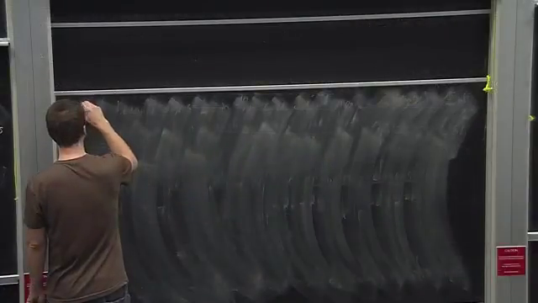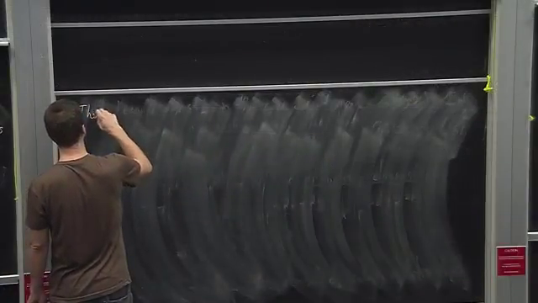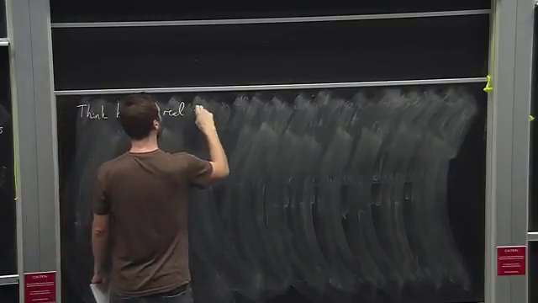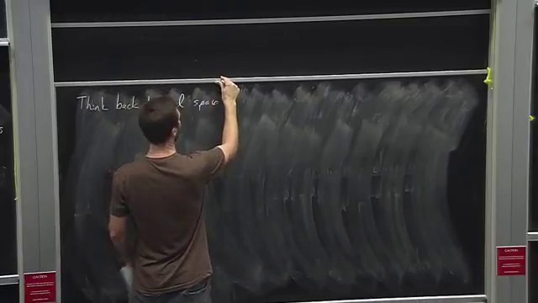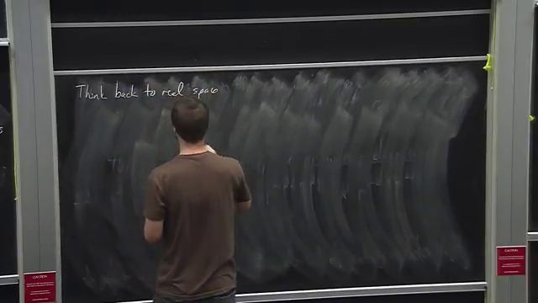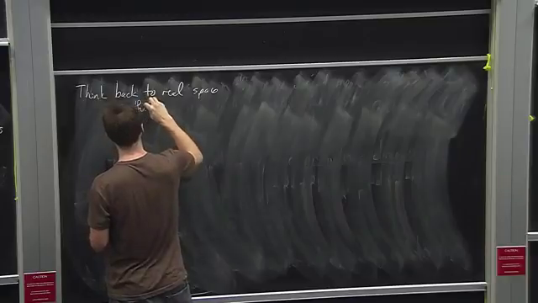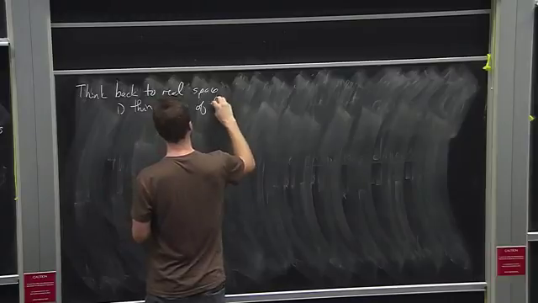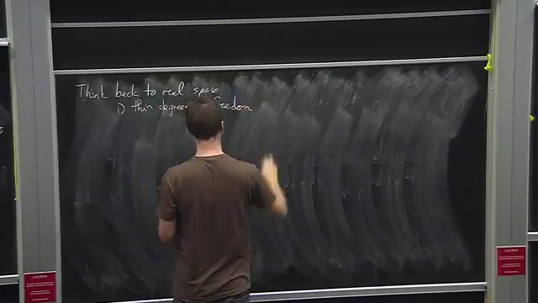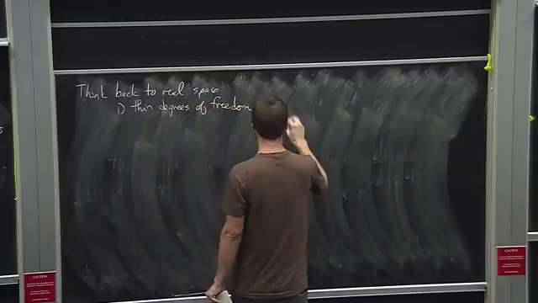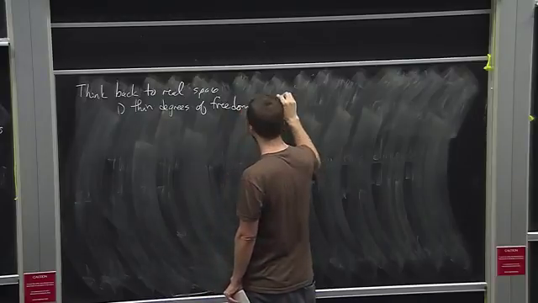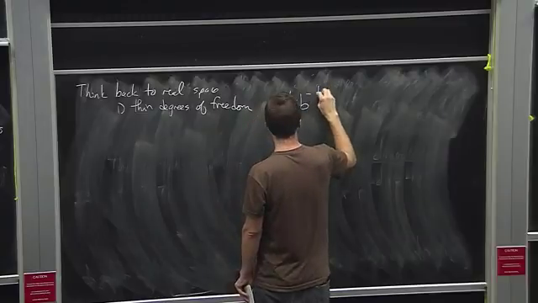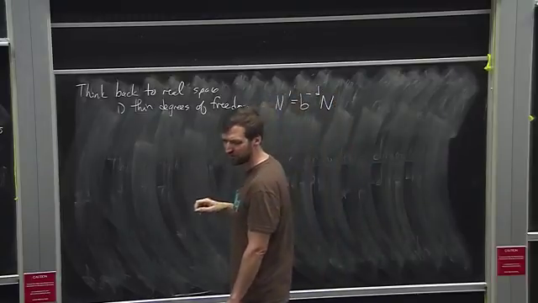So think back to real space, but keep that momentum picture in mind. So thin degrees of freedom. We had something like n prime equals b to the minus d n. Is that right? Sounds right.